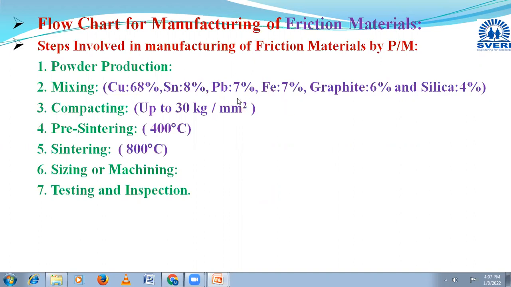This lead will improve the toughness, or the distorting ability will be increased, or machinability will be improved. This iron will give tensile strength in copper and tin.